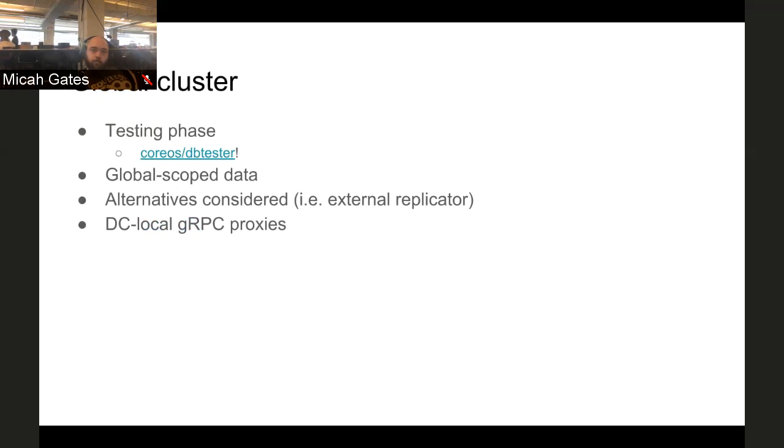And so something new that we're exploring is rolling out a global cluster. As I mentioned earlier, one of the reasons that we logically separate the external clusters is those roll-up rules that I mentioned. That is the first case we've run into where it really is more globally scoped data.